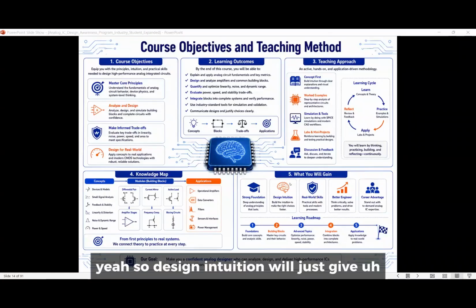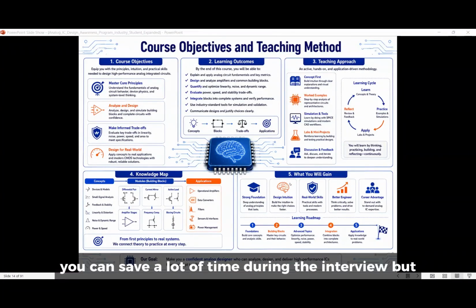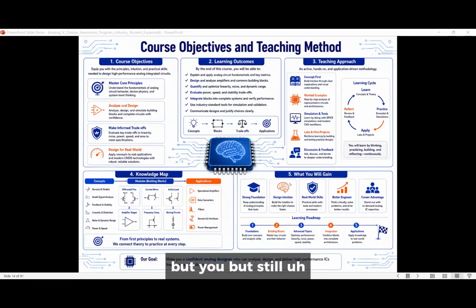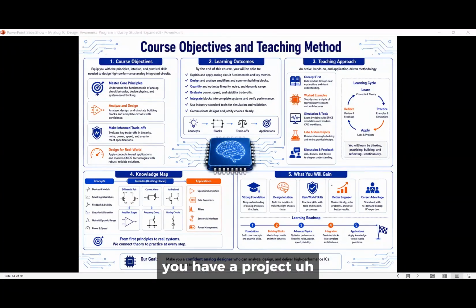If you have sufficient intuition, you can give the expert a direct answer before too much discussion. So you can save a lot of time during the interview, but still answer the expert's question properly. And real world skill means that we will have a project.